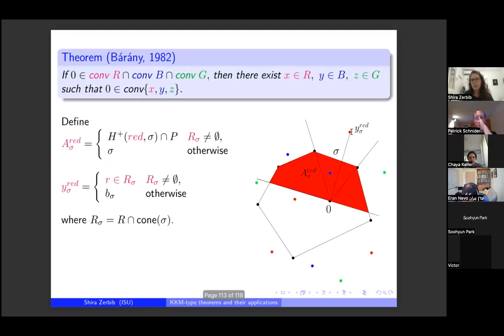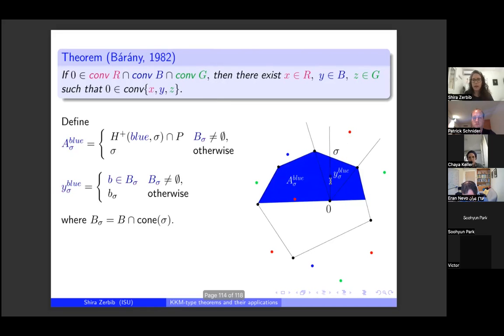If there is a red point in this cone, then I'm taking the hyperplane perpendicular to this point, and I'm taking its positive part intersection with my polytope, and this will be my A sigma red. And my Y sigma red in this case will be just this red point in the cone.